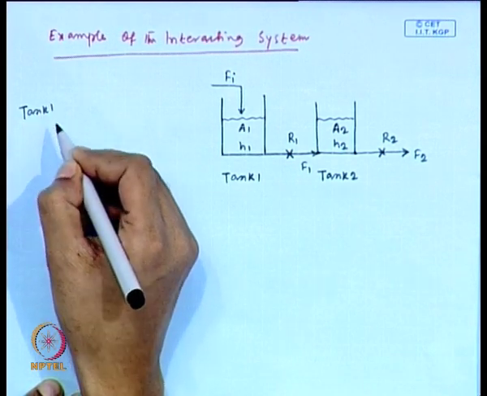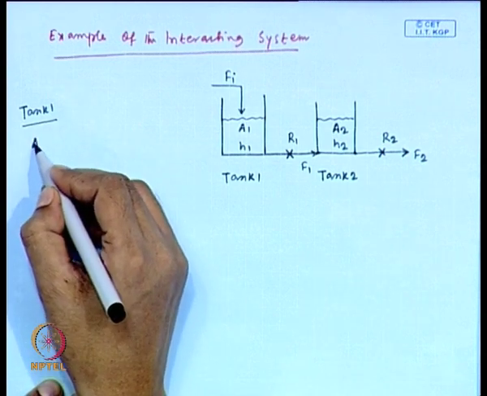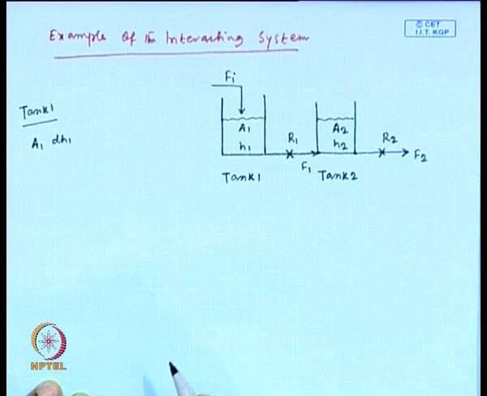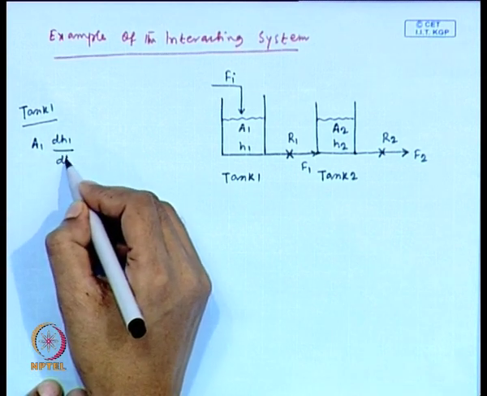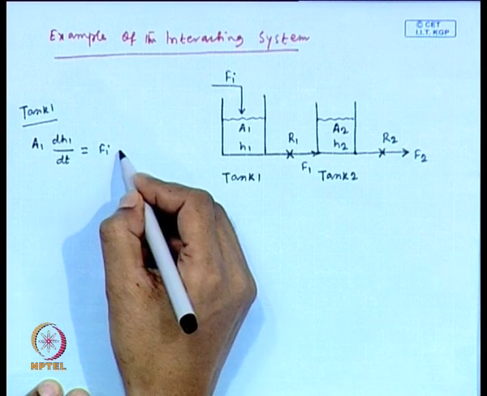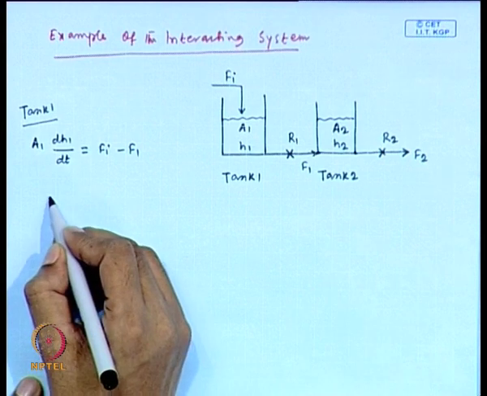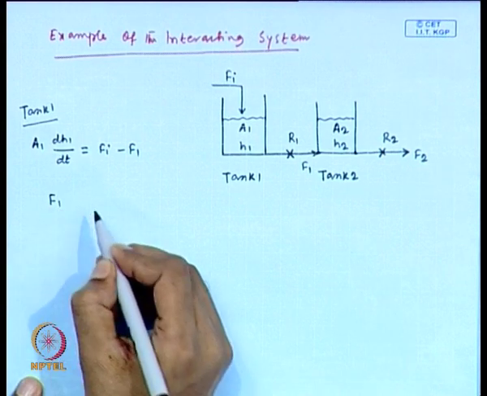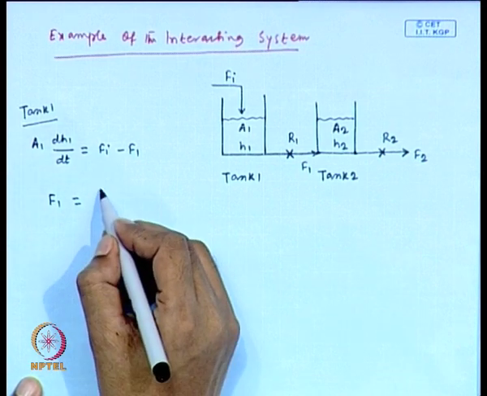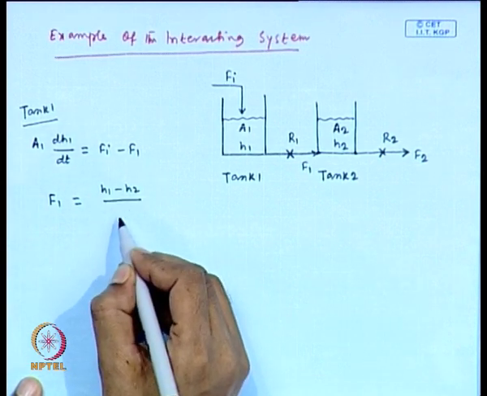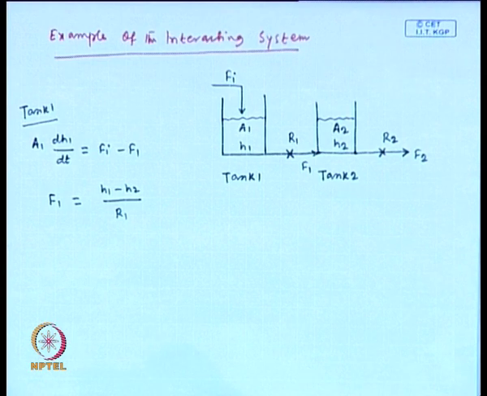So, the modeling equation for tank 1 we can write in this form: A1 dH1/dt equals Fi minus F1. What is the relationship of F1? F1 equals (H1 minus H2) divided by R1. Since H1 is higher than H2, that is why there is a flow.